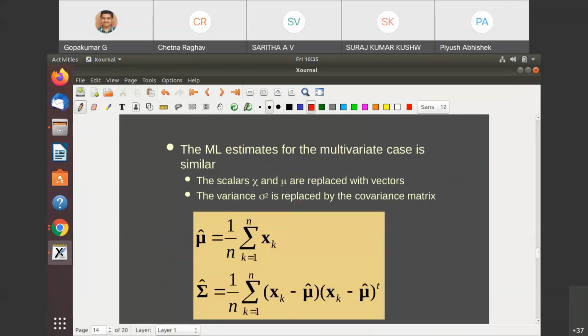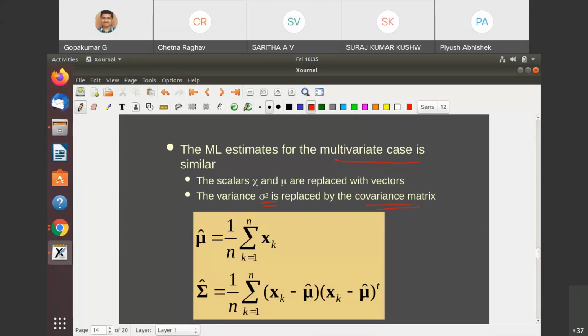When it comes to multivariate cases, we are not going into the detailed equations, but the case is the same. The only thing is we have to replace the univariate x and mu with the corresponding capital X vector and the corresponding vectors. And then we have to replace the variance with the covariance matrix.